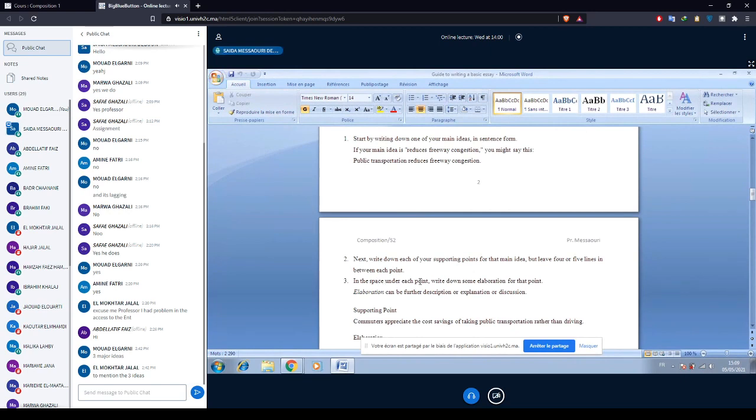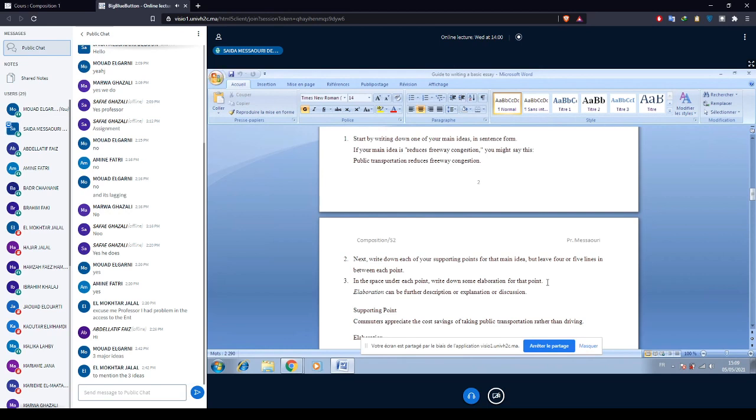In the space under each point, write down some elaboration for that point. That's why, when someone asked me how many sentences you have to use in a paragraph, I said, I don't know, but at least 4, and I said 4 is not sufficient, because for each main idea, you have to explain again.